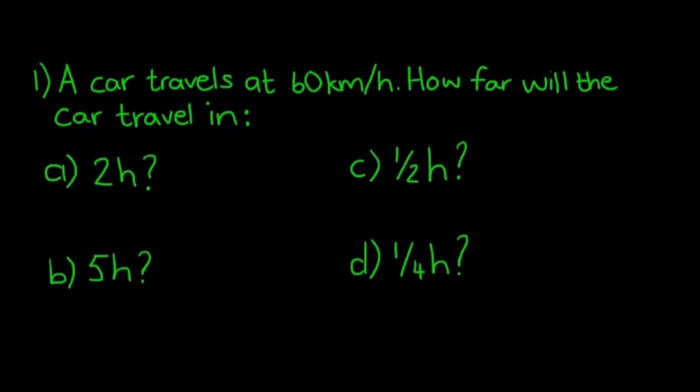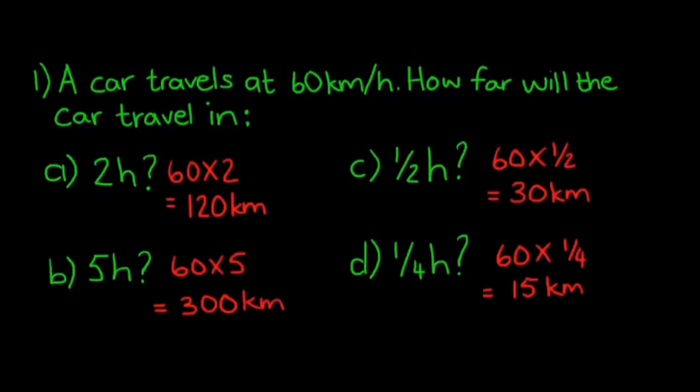Okay, so coming back to it, these are our answers. So at A, 2 hours, the 60 kilometers increases by 2, which will give me 120 kilometers. B asks me 5 hours, my 60 kilometers has increased by 5, which means that the car has traveled 300 kilometers.